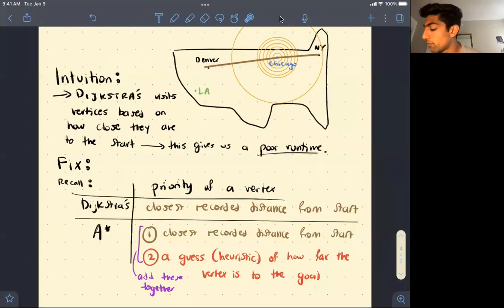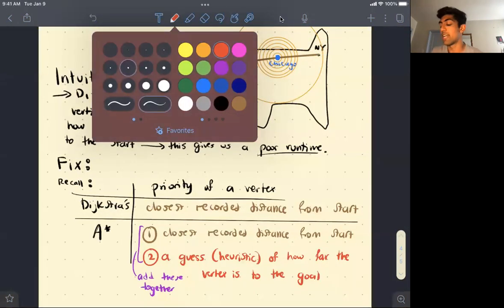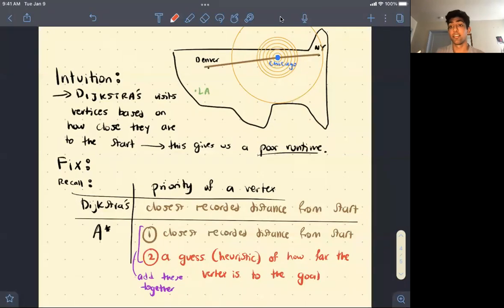If we only use this brown line as a metric, notice that the brown line to New York is shorter than the brown line to Denver, so we'll go to New York first, right?